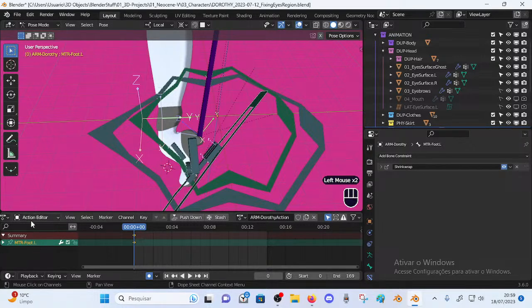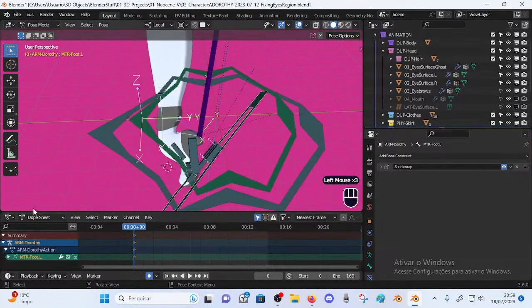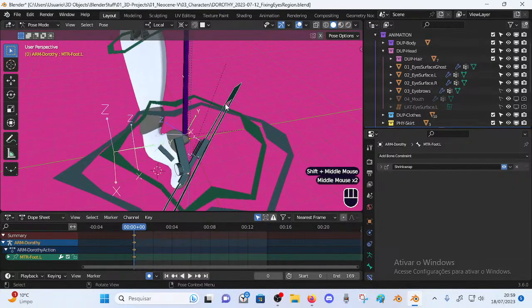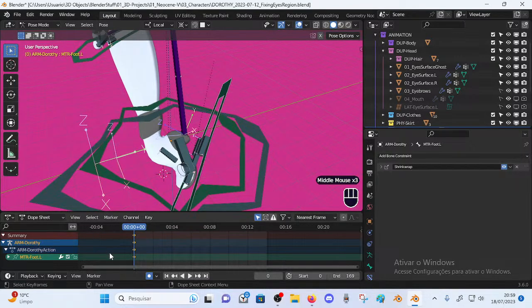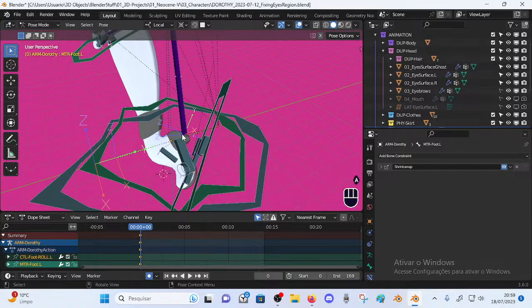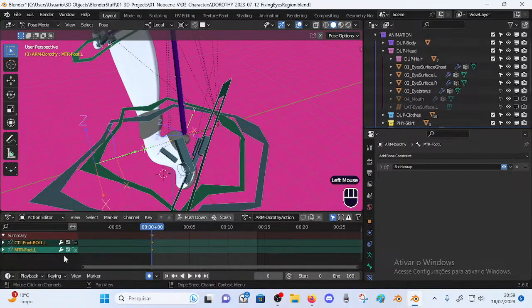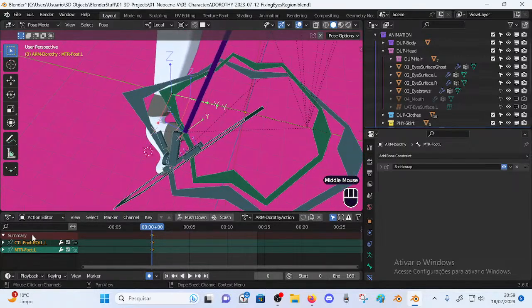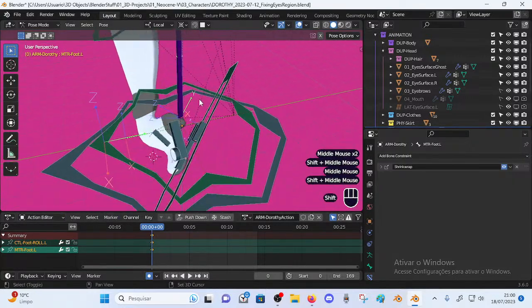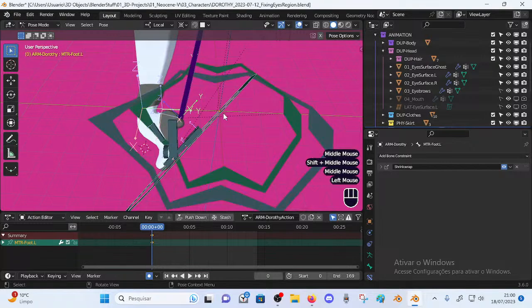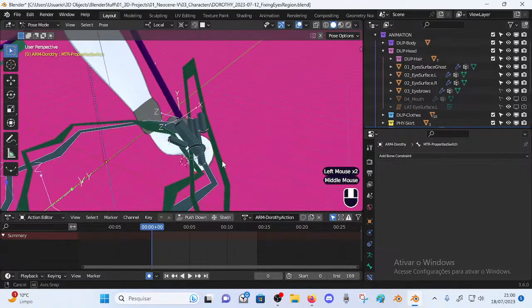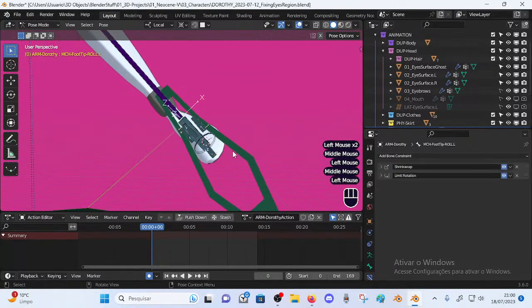I would need to go to the dope sheet editor to see the different elements simultaneously, I guess. Or not. Here they are, but no, I can see them in the action editor as well. Okay, so as I start to pose, then I can also pose this one.